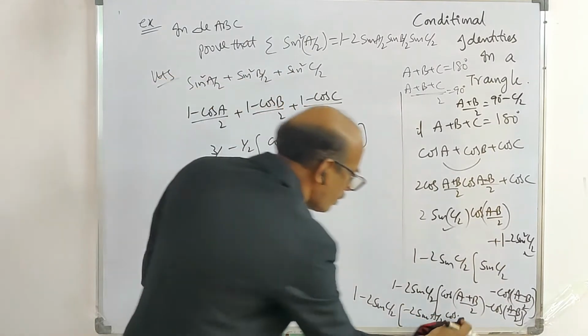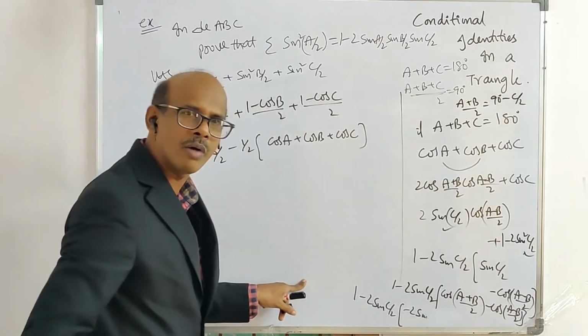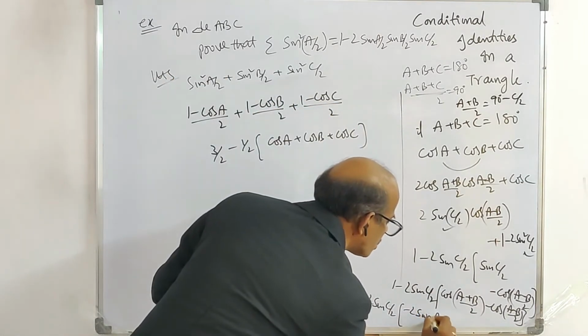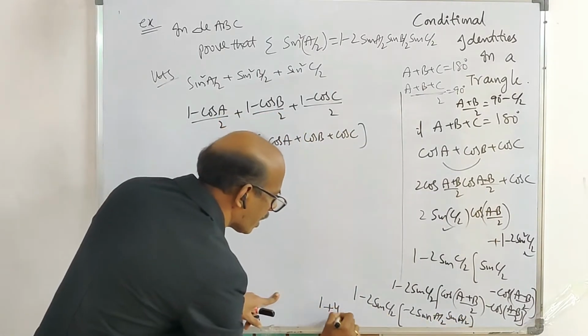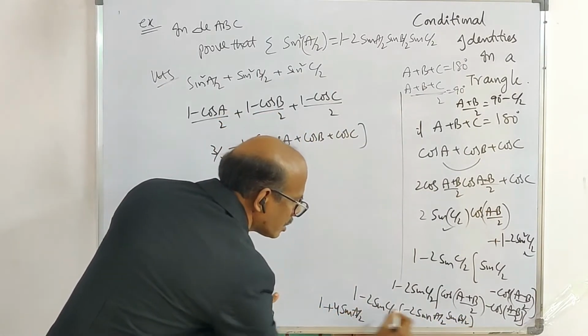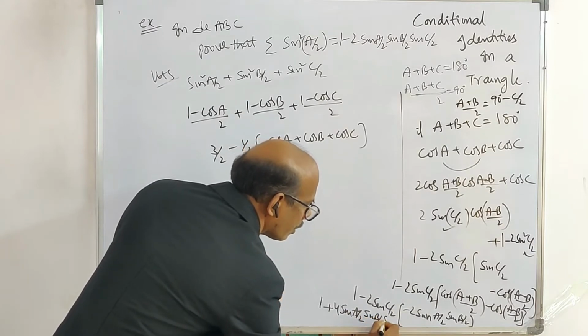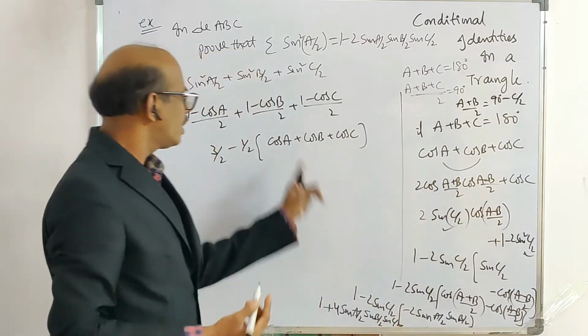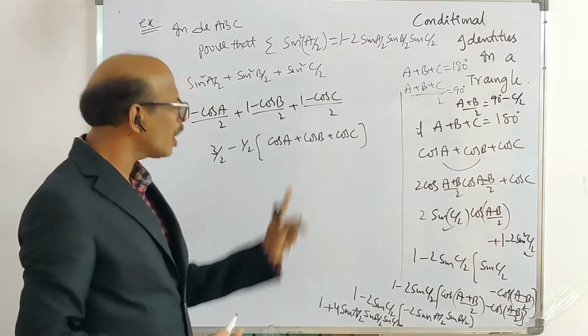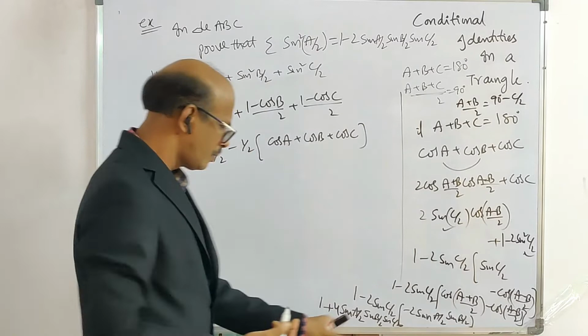Concentrate. If any mistake in any term, it will damage our original question. So be cautious. So minus 2 sin A by 2 sin B by 2. So finally 1 plus, it will be the sub identity, 4 sin A by 2 sin B by 2 and sin C by 2. The overall parenthesis bracket, cos A plus cos B plus cos C, equals this result.